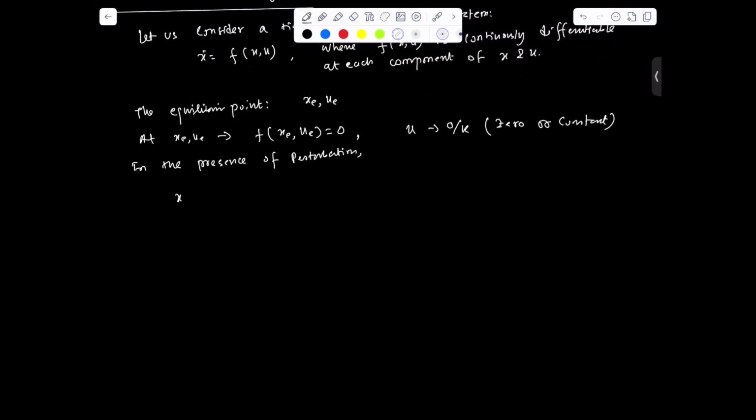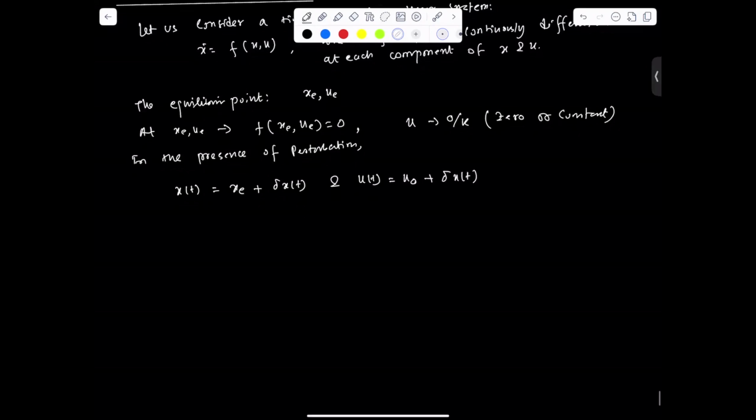that we can write x of t equal to x_e plus delta x of t. And similarly for the u part, u of t equals u naught plus delta u of t.